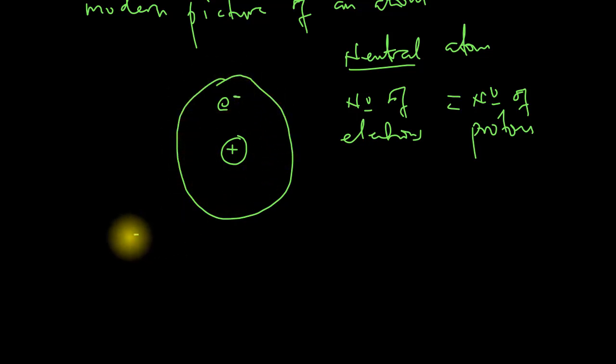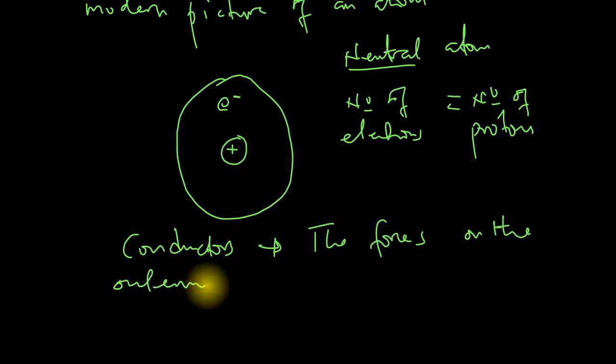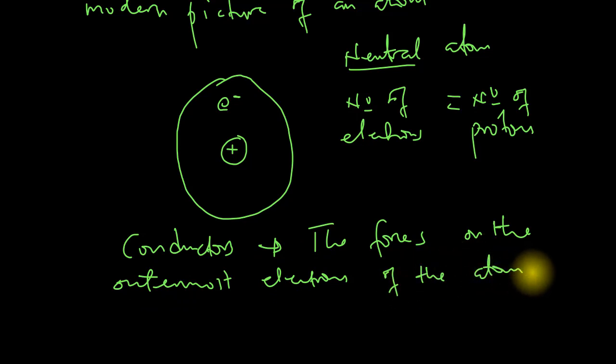You see, in conductors, the forces on the outermost electrons of the atom are somehow weak. So the forces are weak.